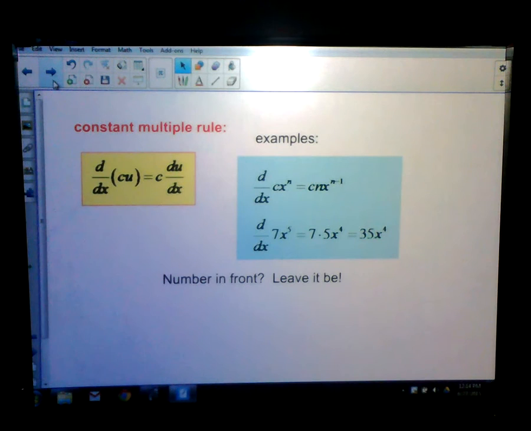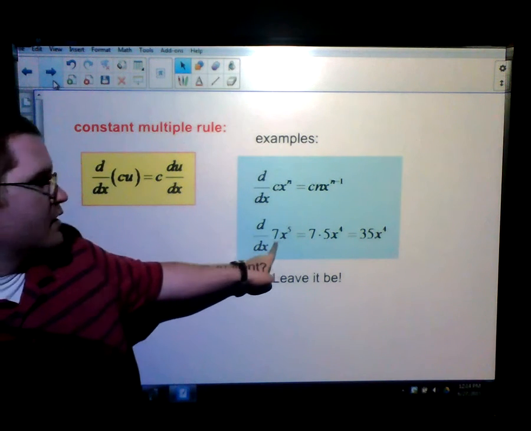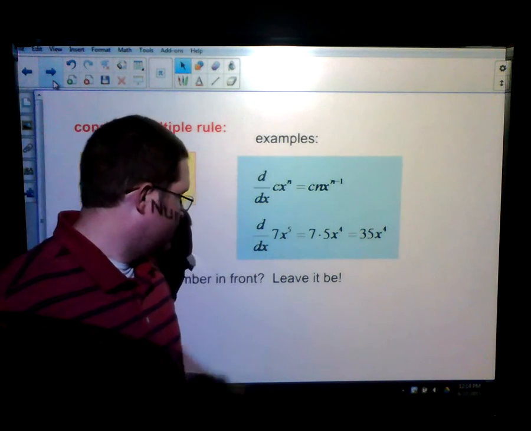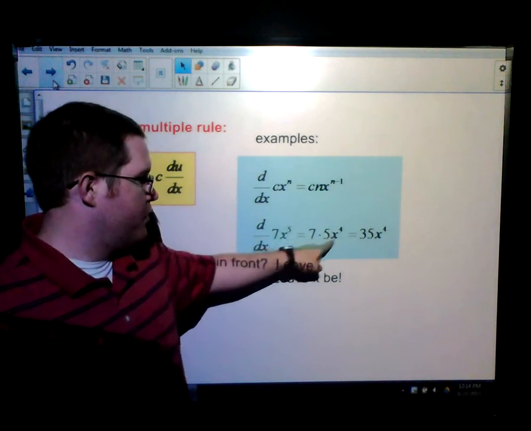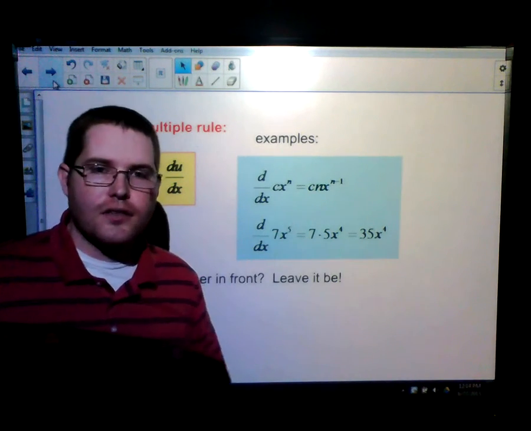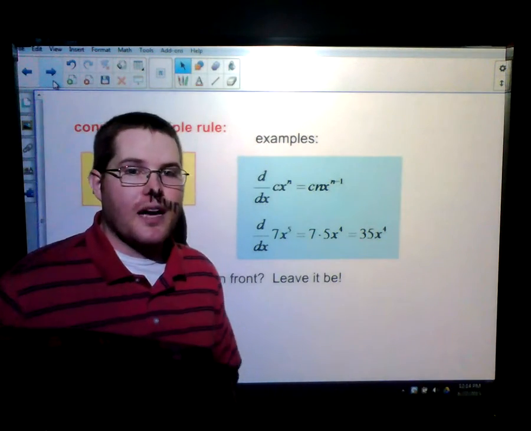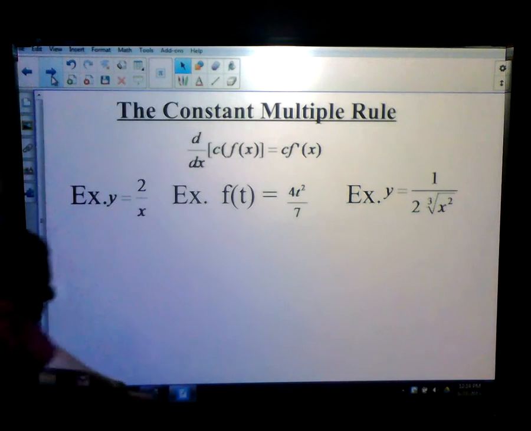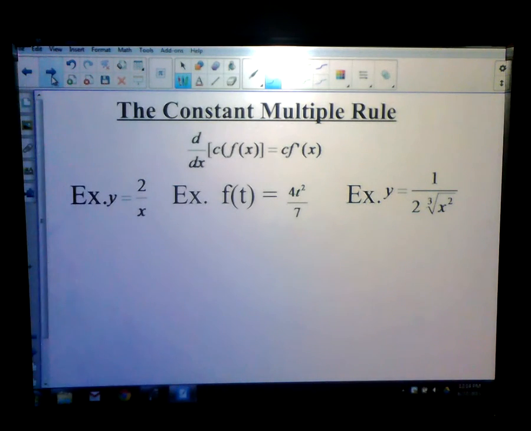Constant multiplier rule. If there's a number in front, leave it be. Take a look at this example. 7x to the 5th. Leave the 7. 5x to the 4th. Now 7 times 5 is 35. Just leave the number in front and multiply it by whatever you bring down. So here, let's take a look at this problem, 2 over x.